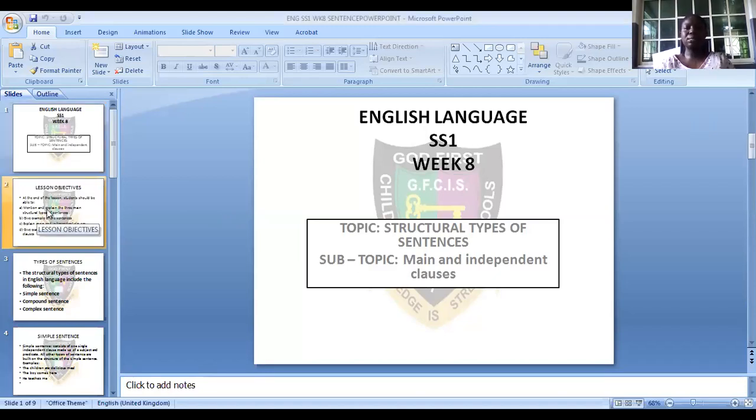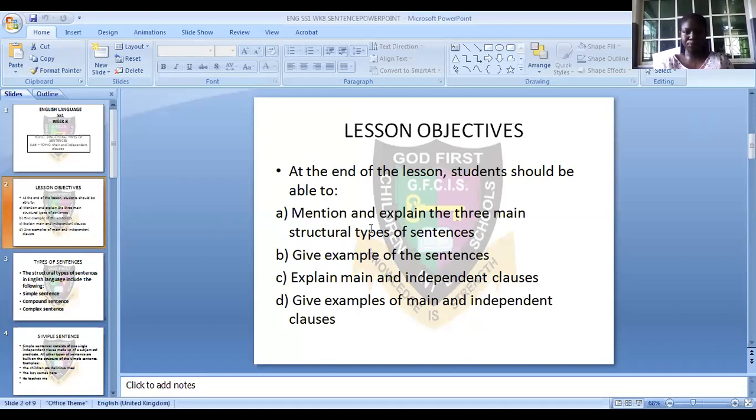Let's look at our lesson objectives. At the end of the lesson, students should be able to mention and explain the 3 main structural types of sentences. Number 2, you should be able to give examples of these types of sentences.